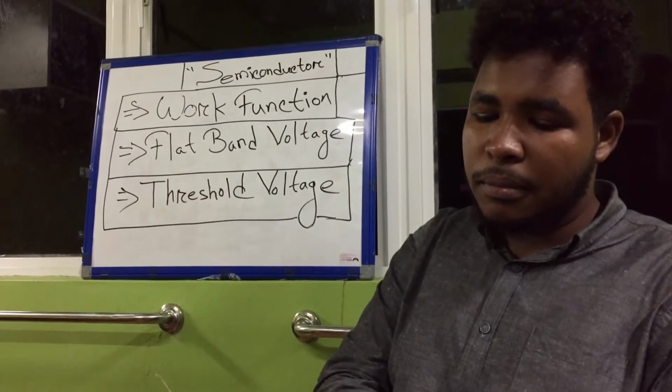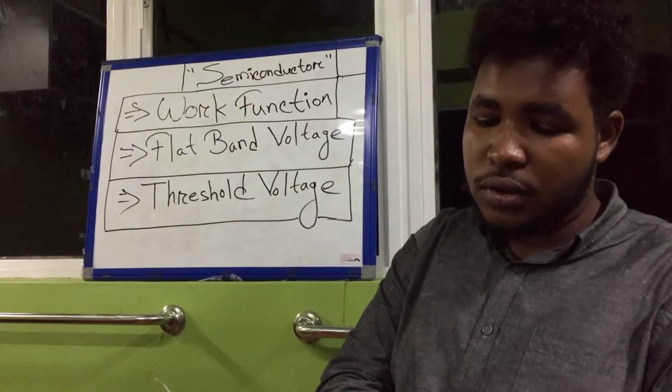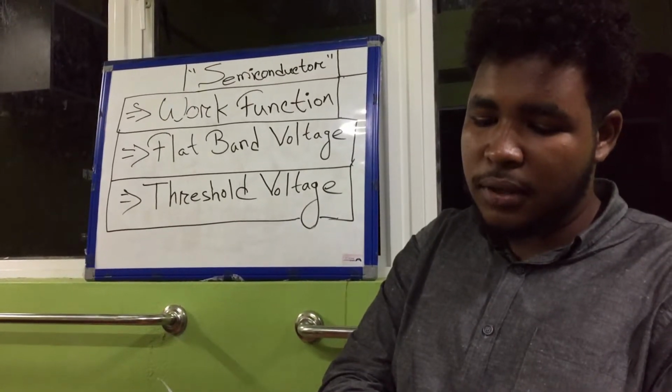And now the base formula is Vt equal Vt MOS plus VFB.